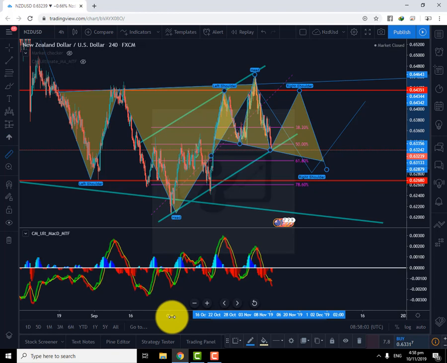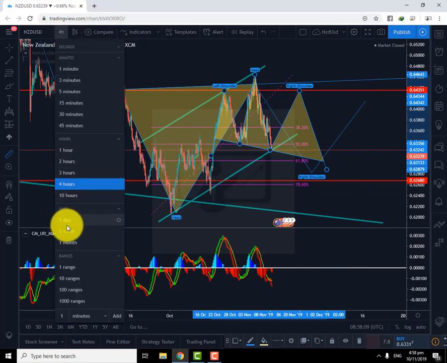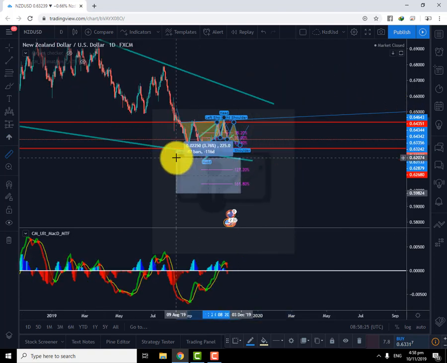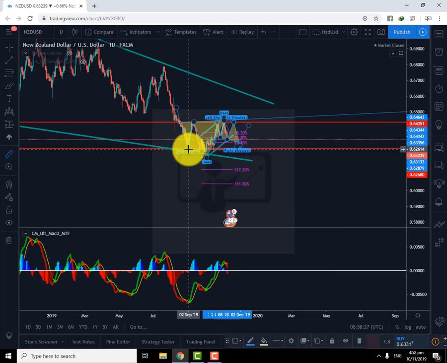What makes this one the top priority on my watch list? If we go back to the 1-day time frame, you could see there is a divergence forming. On the left shoulder, on this bar, the price pattern is going down, as you could see.